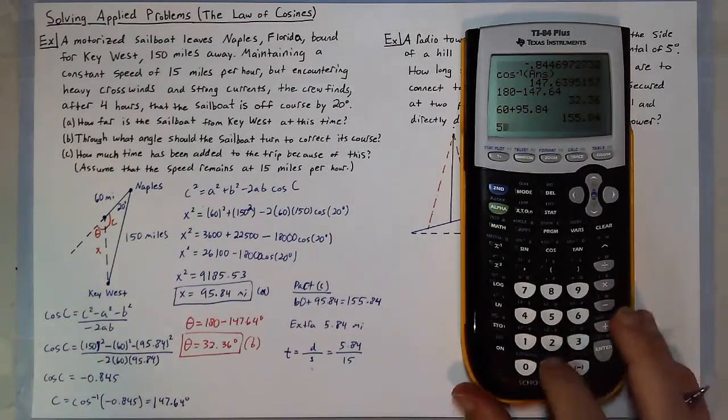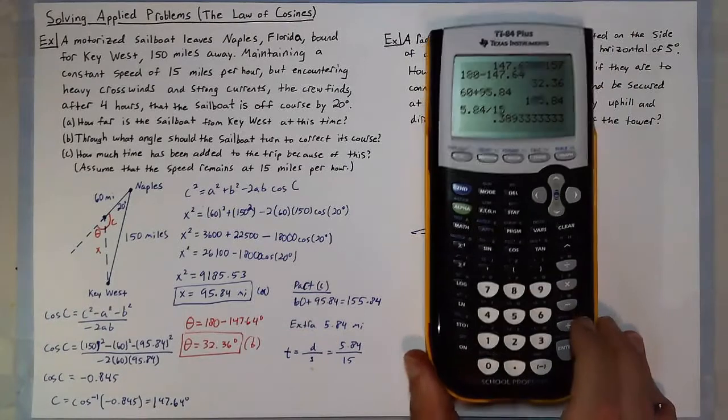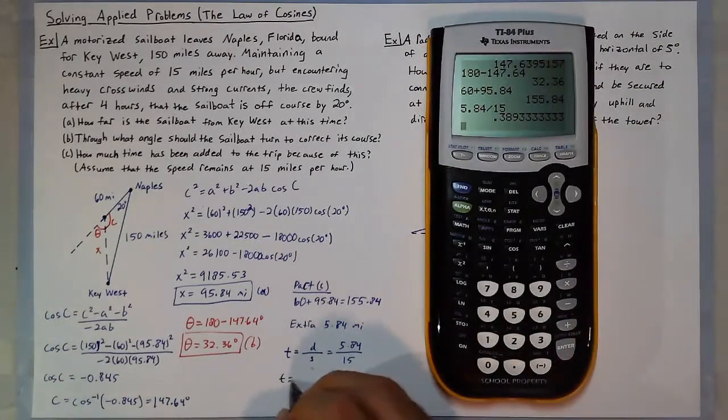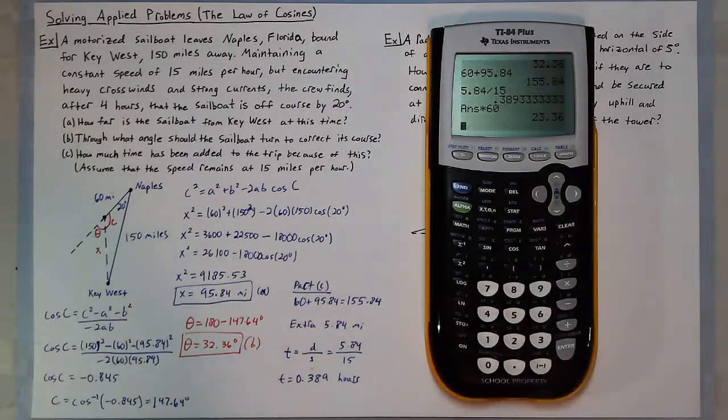So 5.84 divided by 15 gives me that time added is 0.389 hours, or multiply that by 60, roughly 23.36 minutes.